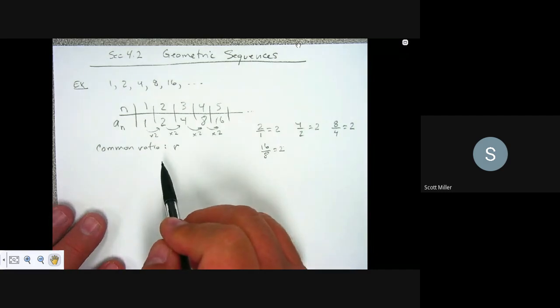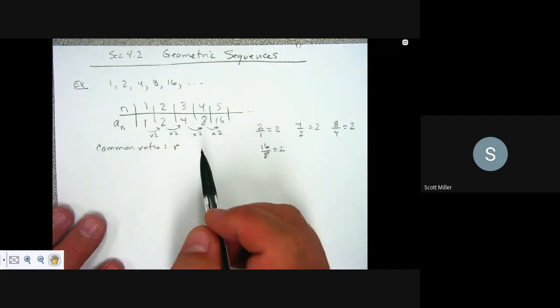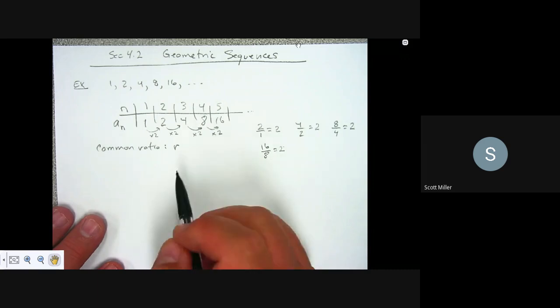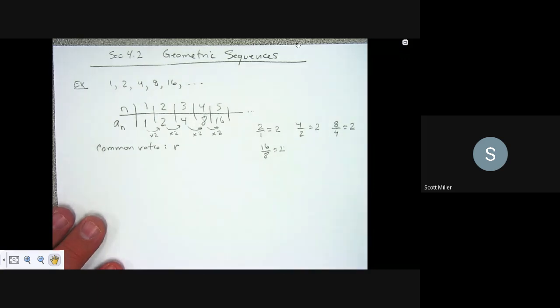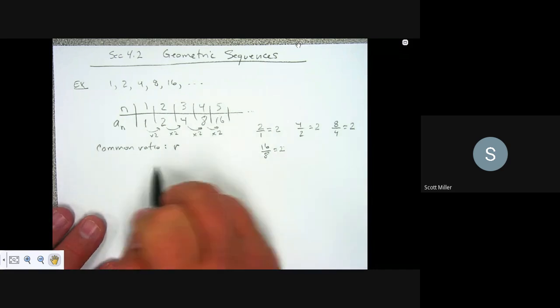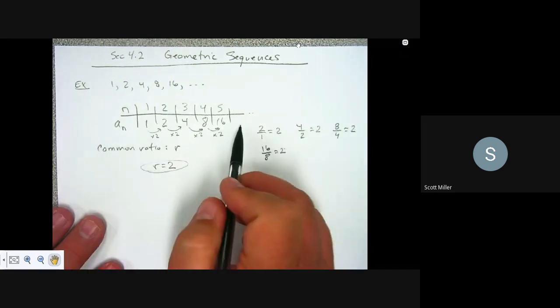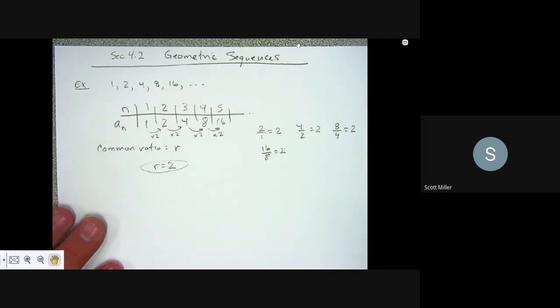Any two consecutive terms in a sequence divided to produce the same number, then that number is called the common ratio. If a sequence has a common ratio, so in this case R is equal to 2, then this is called a geometric sequence. Geometric sequences have a common ratio.